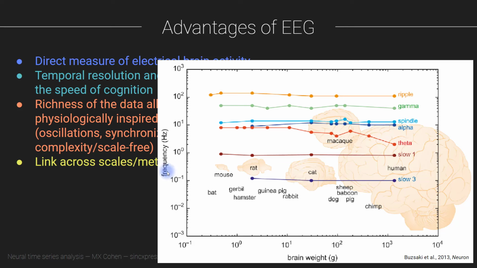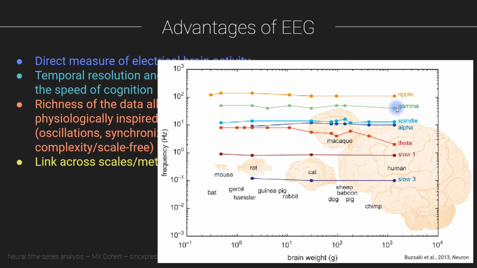And here you see dominant temporal patterns of rhythmic activity. So this is frequency of EEG. The fact that these are mostly flat horizontal lines shows that in many different species, we have dominant peaks in the spectrum at the same or very similar frequencies.